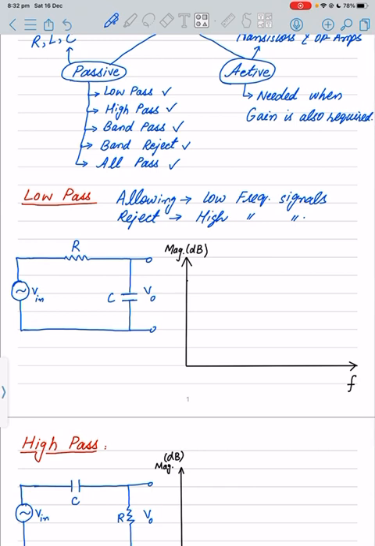As we know, the reactance of our capacitor is inversely proportional to the frequency. That means whenever our frequency is high, the reactance of the capacitor will be low. So there is the inverse relationship.